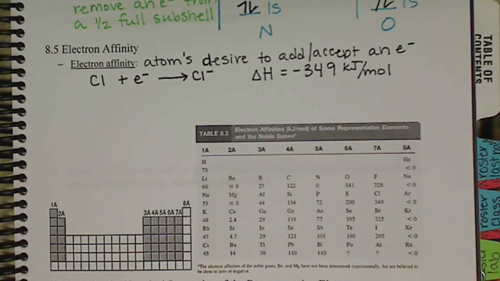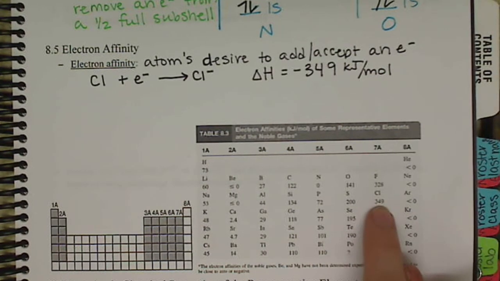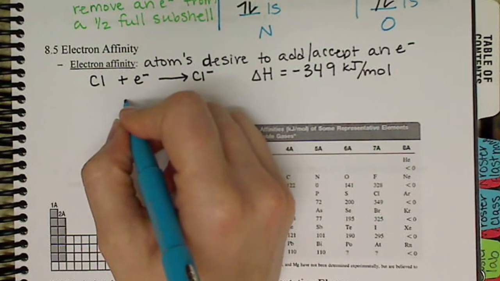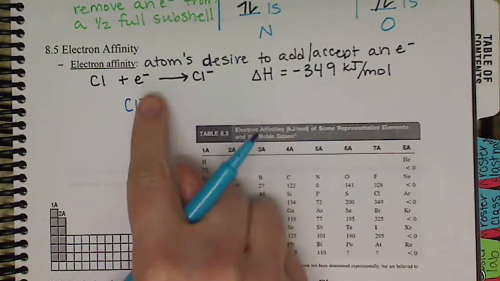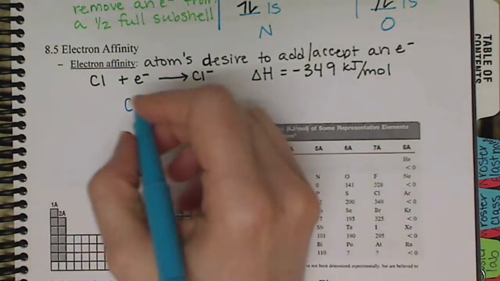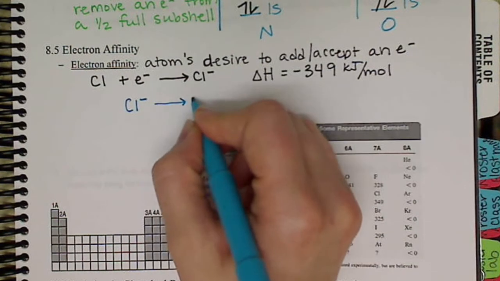If you look down here, we notice this is a positive value, and this is because of the way that the electron affinity is defined. It's a little weird, but it's actually defining our atom's desire to add or accept an electron in kind of the reverse concept.